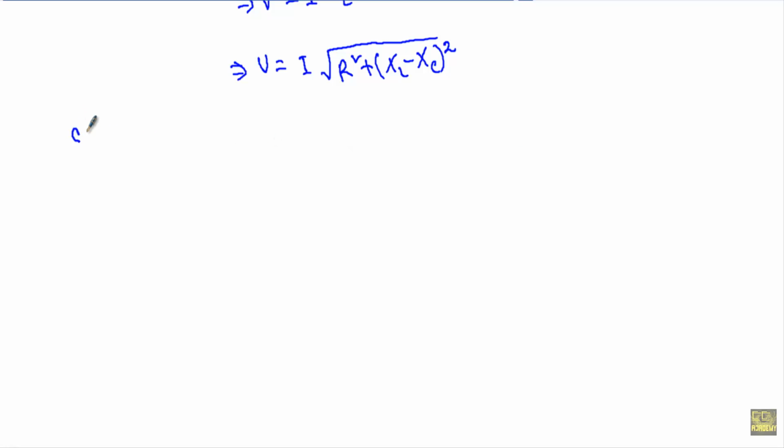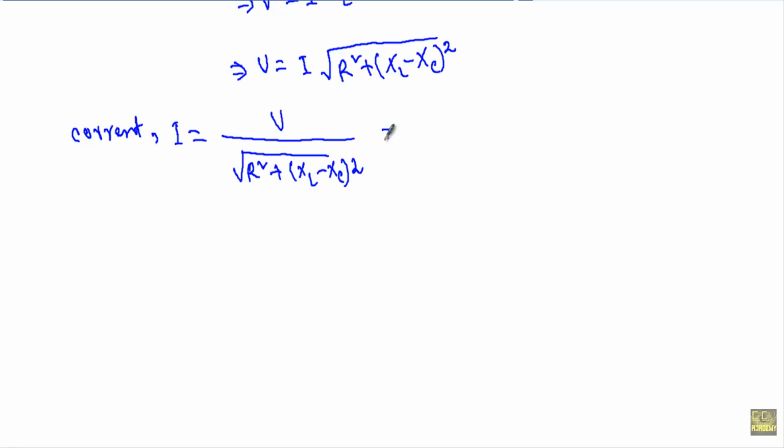So the current I in this circuit will be equal to V divided by root over R square plus (XL minus XC) whole square. This root over R square plus (XL minus XC) whole square is known as impedance of the circuit. So I can write I equal to V by Z, where Z is the impedance of this circuit.